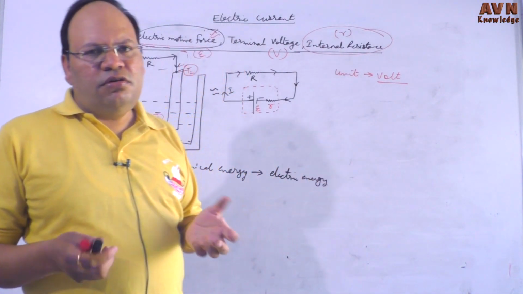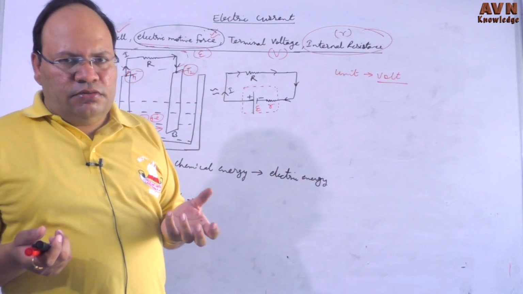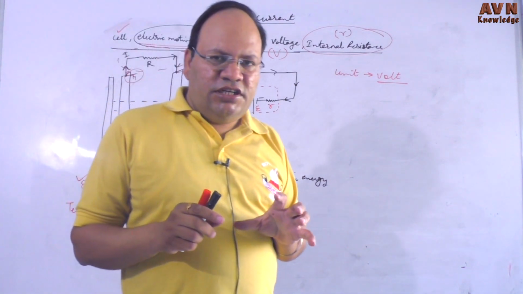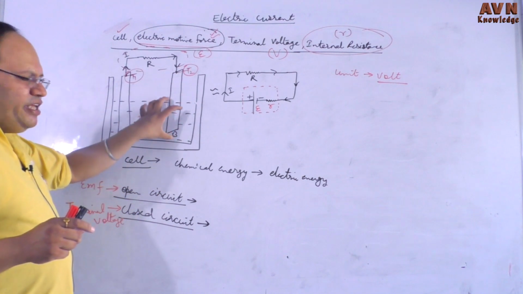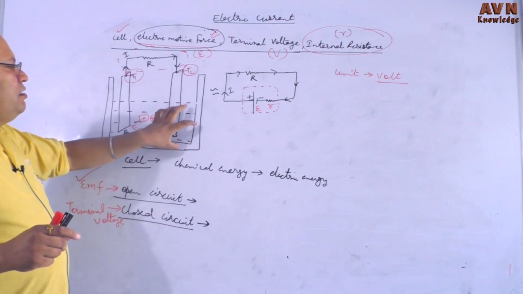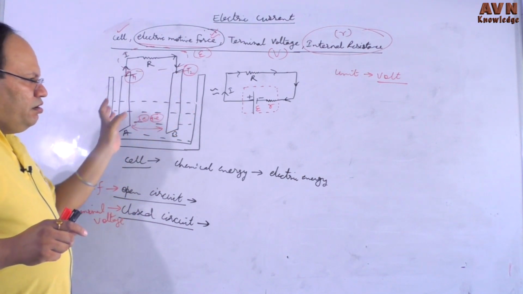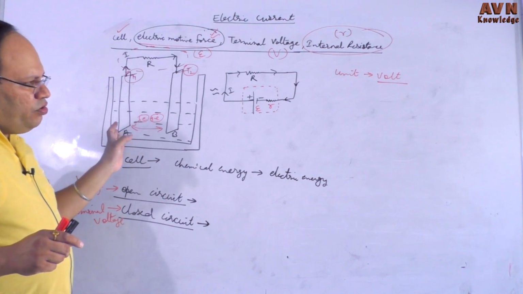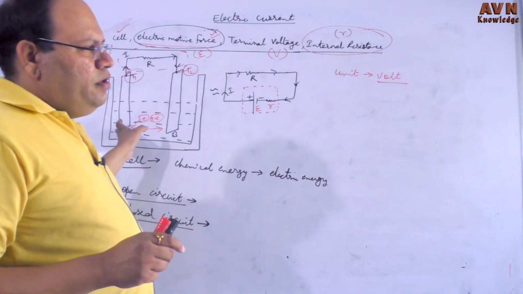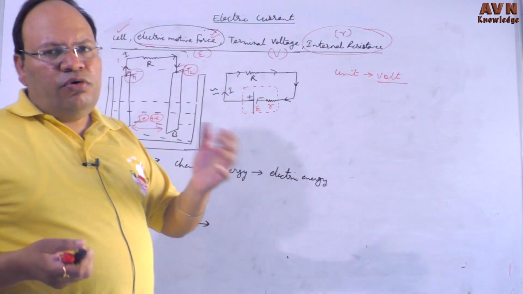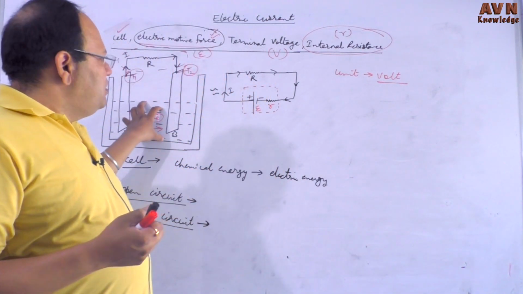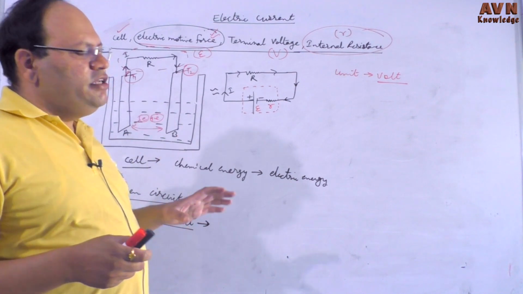Internal resistance is also resistance, but it is the resistance in the electrolyte or in the cell when the ions move from anode to cathode or cathode to anode.